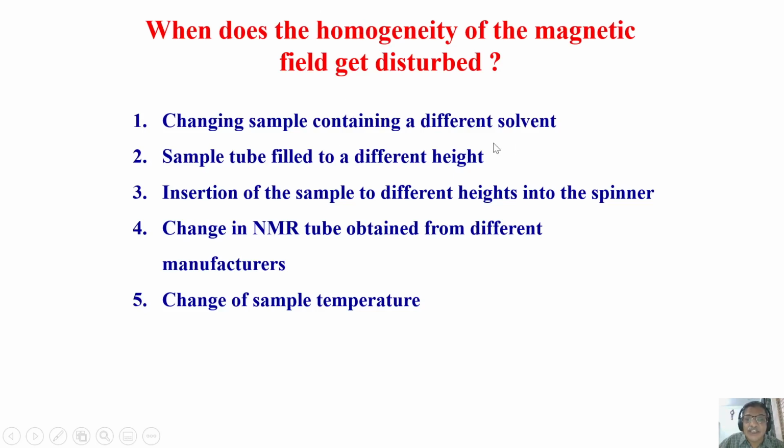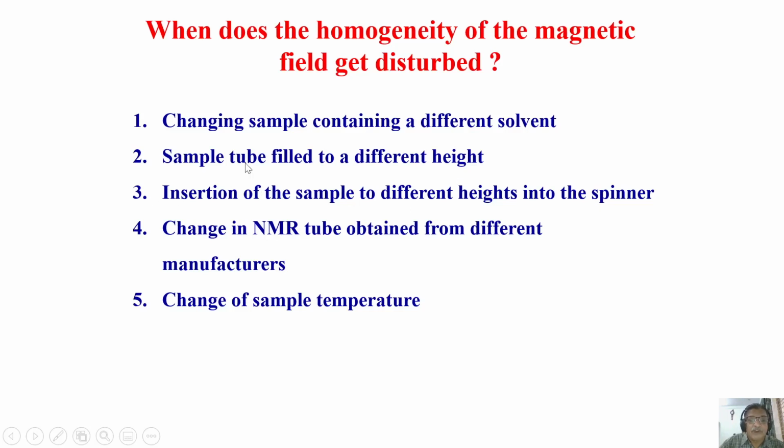See, consider changing the sample to one containing a different solvent. I have a sample prepared in chloroform. I tune it because it has one diamagnetic susceptibility for that sample. I change that sample and put a different sample with a different solvent. Again, you will see the susceptibility of the sample will be different, and because of that, the field will be different, the homogeneity will be different.